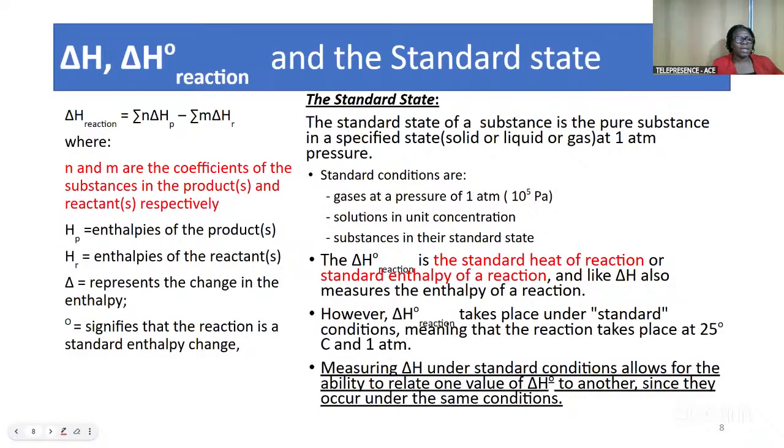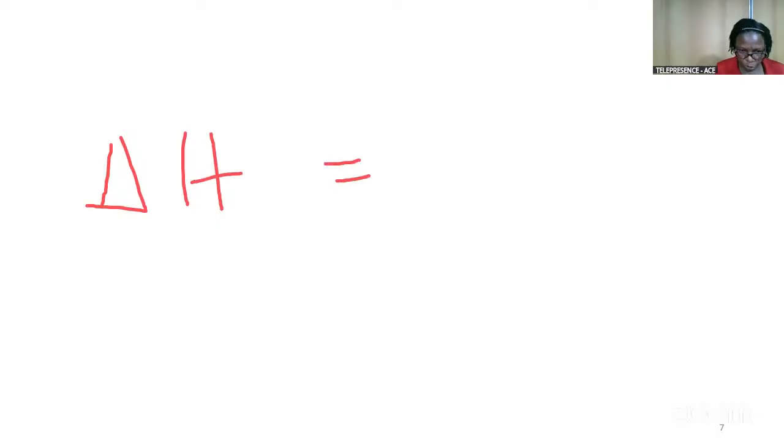So for delta H of reaction, we also go back to what we have known. Let me use the previous slide, which is blank. So we know that delta H is going to be, of course, the summation of all of the number of moles that is present.